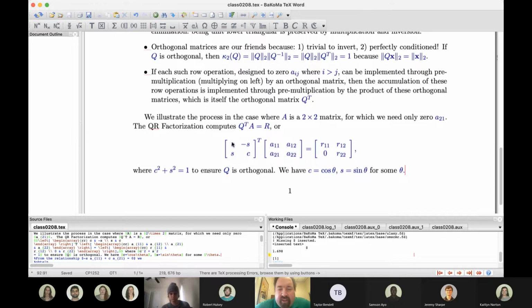So if I take this matrix and call this Q, then you can work it out that Q transpose Q is the identity. So in fact, just about any orthogonal 2 by 2 matrix can be expressed in this form for some cosine and sine.